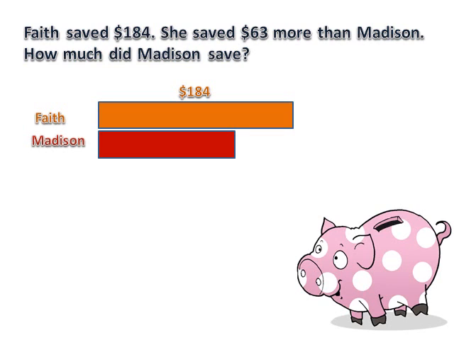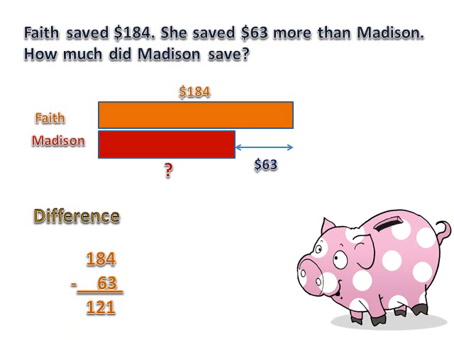Okay, so what's the next important information? The next one would be that Faith saved $63 more. Okay, so that is represented by this two-sided arrow. So that's $63 more. So what kind of operation should we use for this one? Okay, in order to get the red one, the one with the question mark, we need to do the difference.